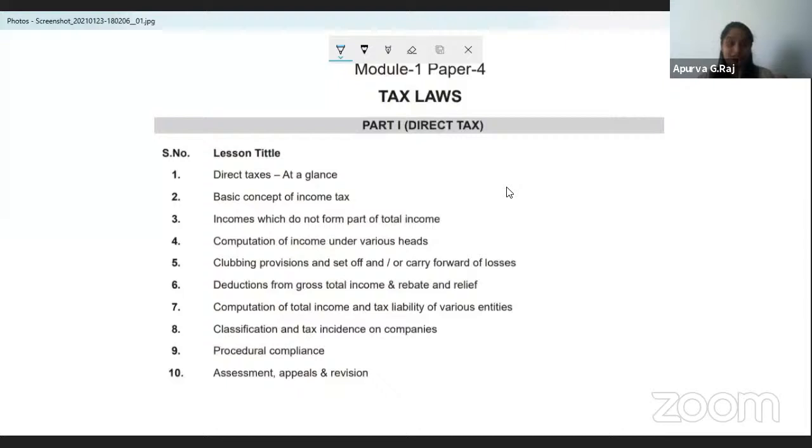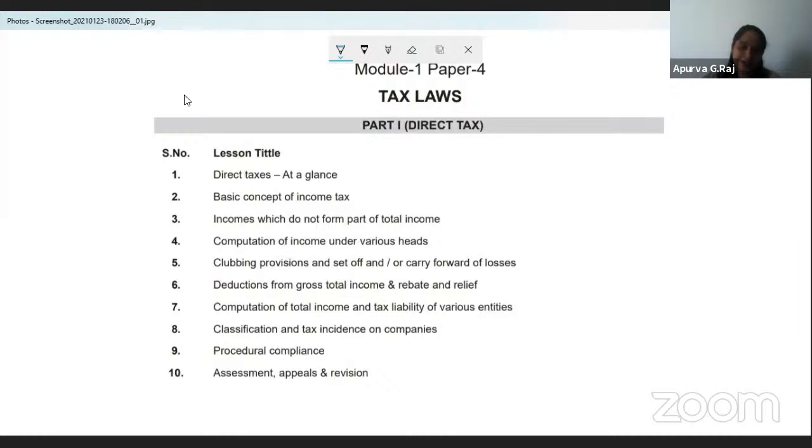Next, let me share with you how we are going to plan our future classes, which are going to be live classes, for the purpose of completion of the portions in an easy and effective way. First, you have 10 chapters. This is the index of the direct taxes.